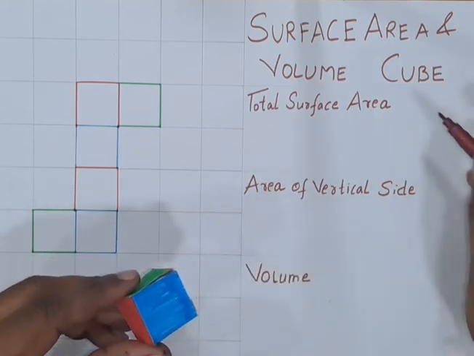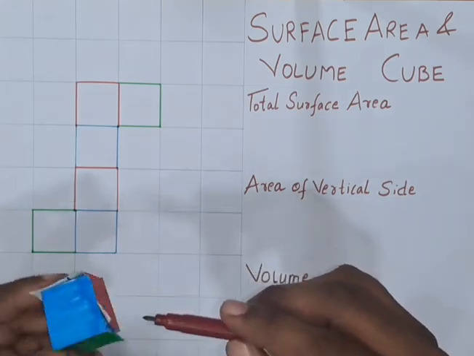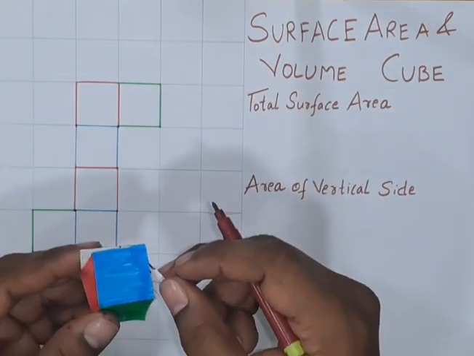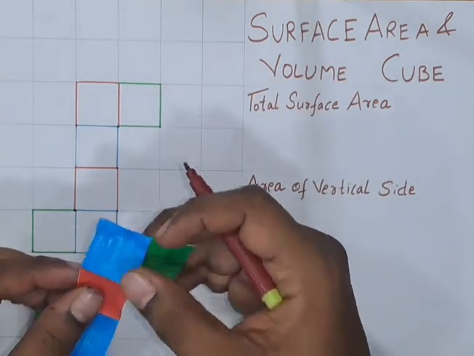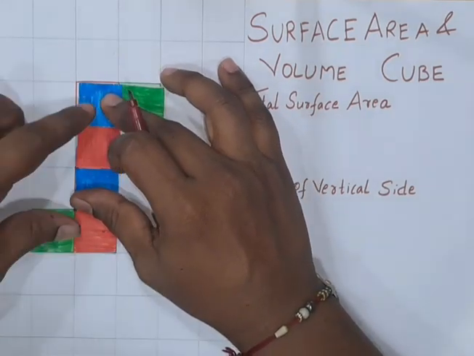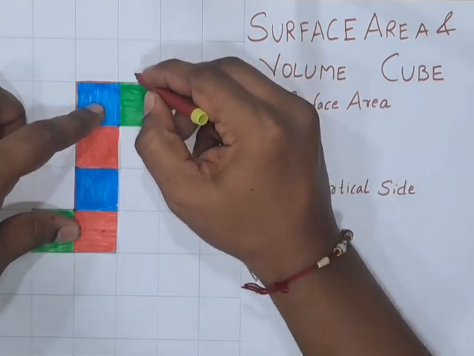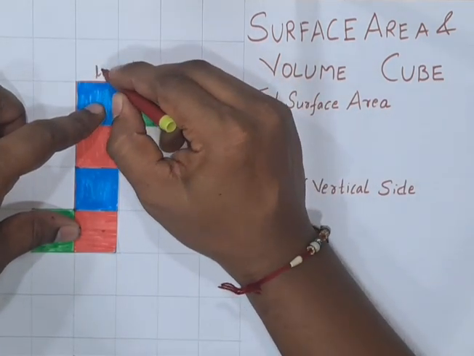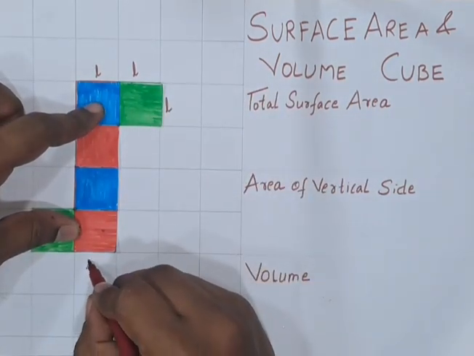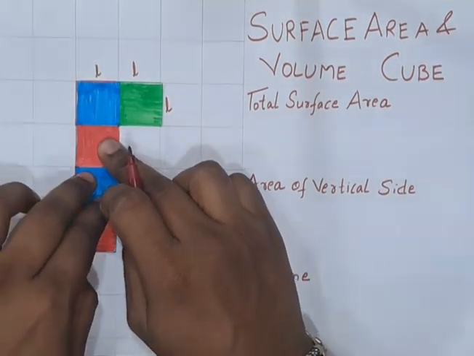If you know the definition of a cube, all the sides are equal. So I'll open this figure, the cube, and make it simple. This is how the cube looks when we open it, and each side is length L. Over here we have the 6 sides.